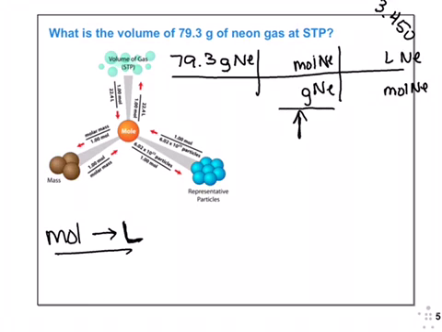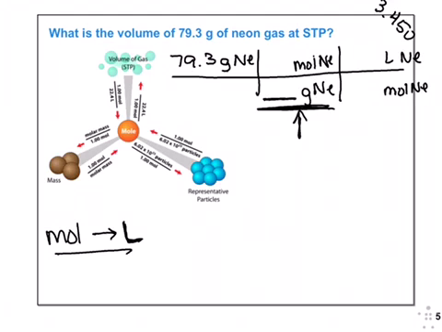So for this second box here, what is our ratio based off of? Where do we get the grams? Where do we get this information from? Yeah, it's the atomic mass.